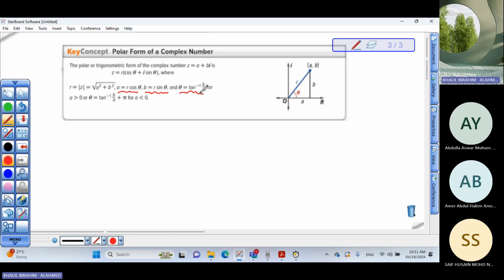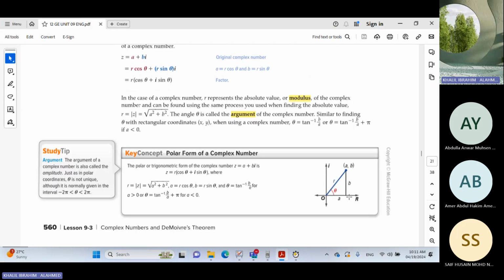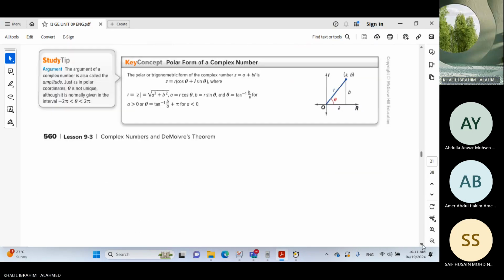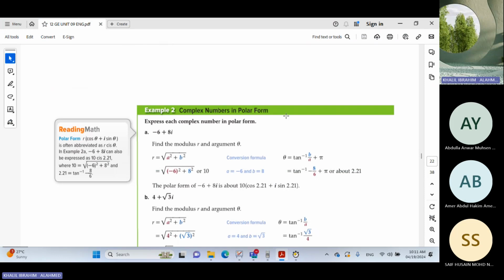I explained these ideas. Okay, but this is for a or x more than 0, and plus pi if a is negative. Be careful about this. I will give you some examples about this. Okay, example 1, as you see here.